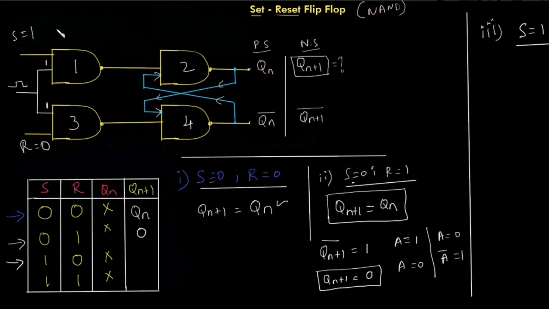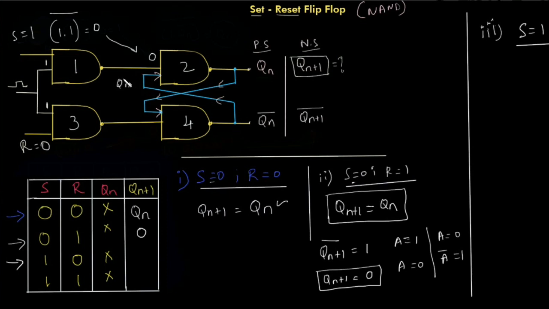Now NAND gate 1 will be getting an input here. This is 1 from the S, this is 1 from the clock. So 1.1 whole bar, which is equal to 1 bar. 1 bar is nothing but 0, right? So you can input this 0, the low voltage, to NAND gate number 2. NAND gate number 2 will also get an input from Qn bar. This is Qn bar, right?